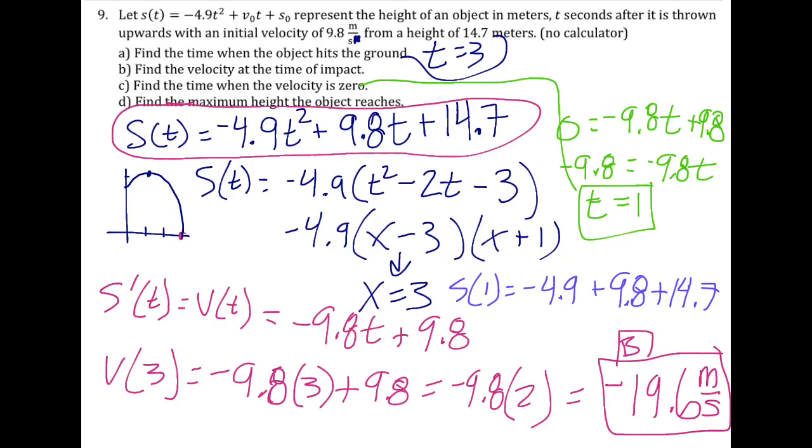I know that this negative 4.9 is going to bring that 14.7 down to 9.8. So now I have 9.8 plus 9.8, which I know is 19.6. So the maximum height the object reaches is 19.6 meters.